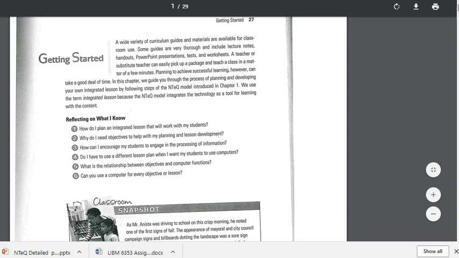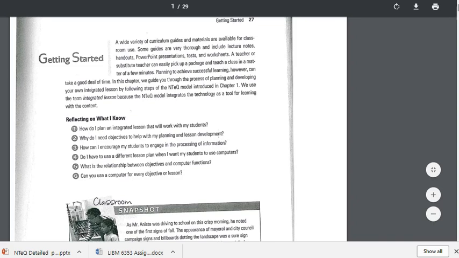But to really plan an effective lesson, it takes time. So when you're following the steps of the NteQ model that we're going to look over, know that it is a lengthy process, but proper planning on the front end will ensure that the lesson will be much better planned and executed throughout the process.